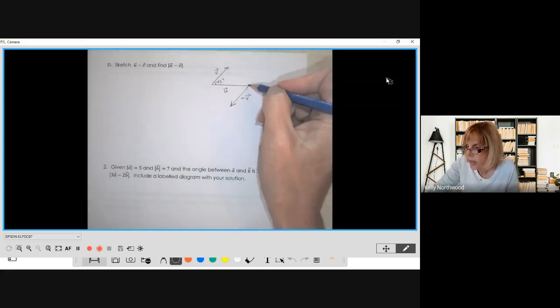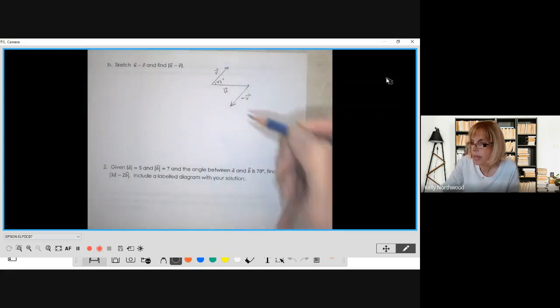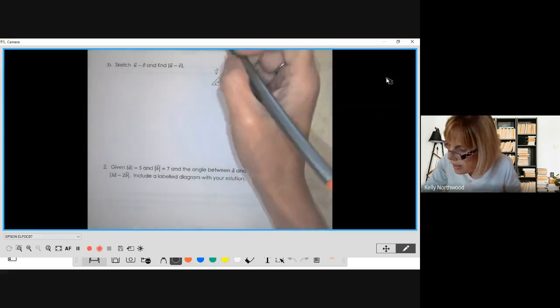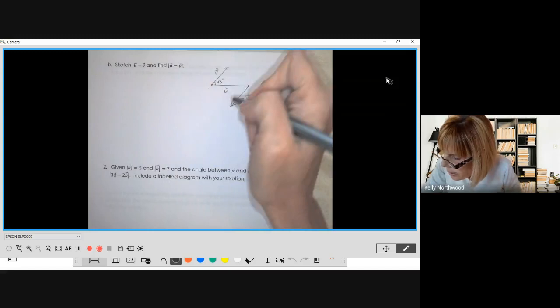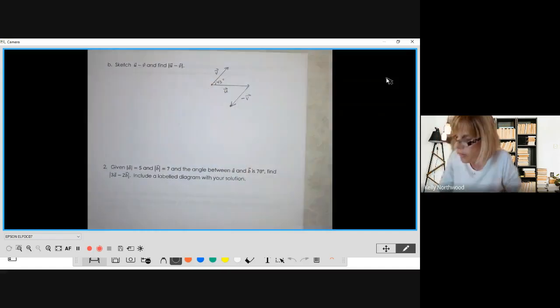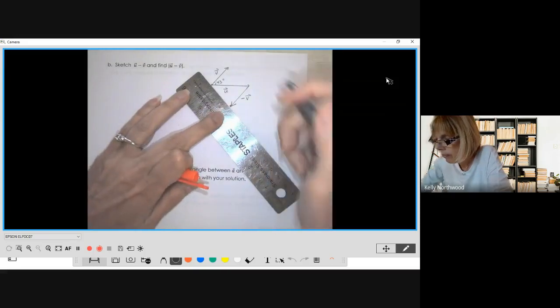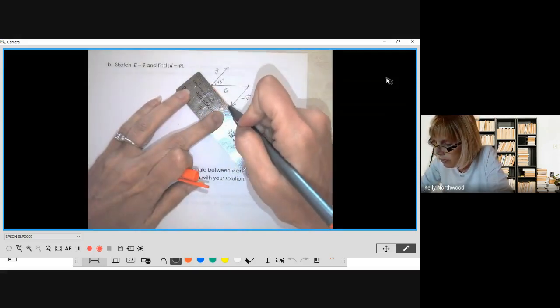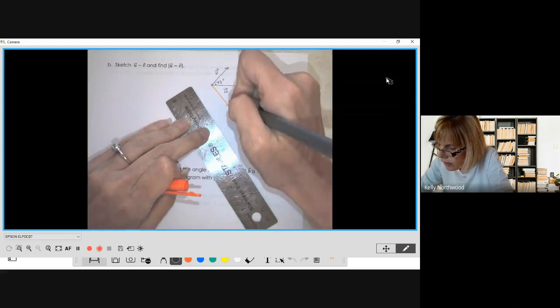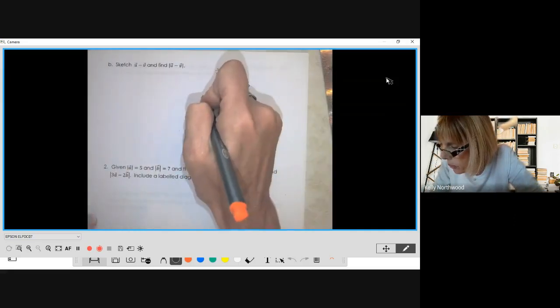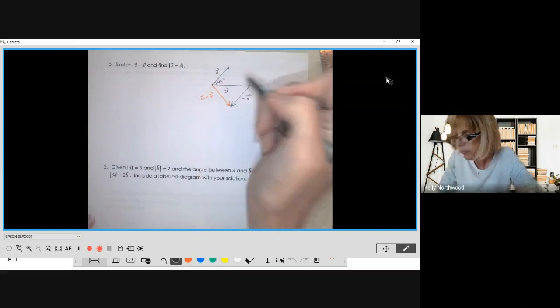So this is vector u, and then I'm subtracting vector v, and the resultant of that is going to start at the tail of vector u and end at the tip of vector negative v, my bad. And it's got an arrow. And then this side is going to be called vector u minus v.